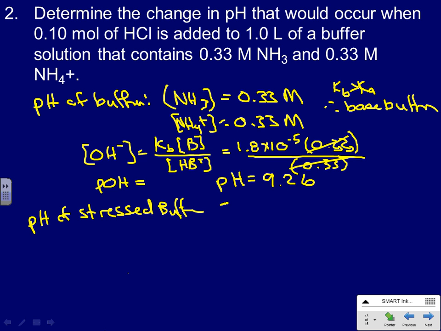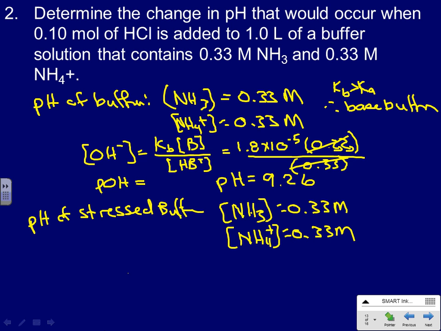I would rewrite my NH3, and I'd write 0.33 molar, and I'd write out my NH4 plus, and I'd write out my 0.33 molar, and now I'm going to subtract from one and add to one. And the question is, which one gets the subtraction and which one gets the addition? I'm adding H plus.